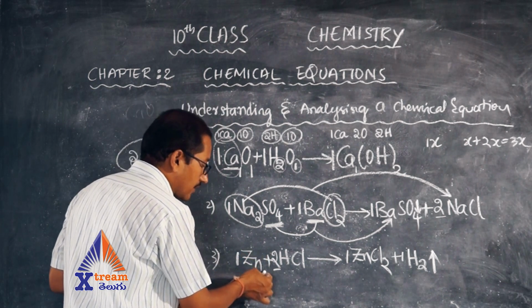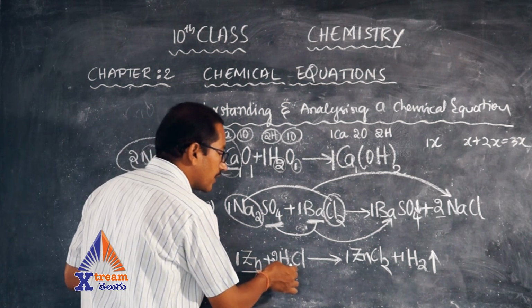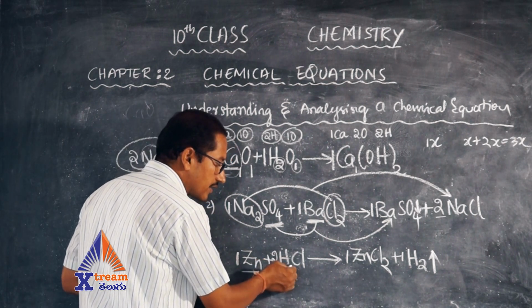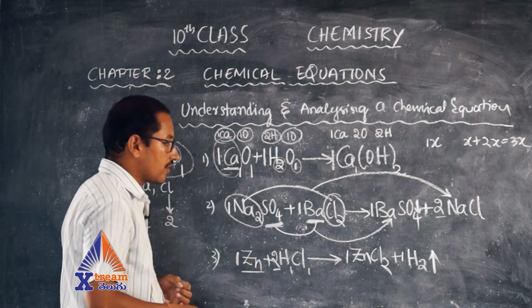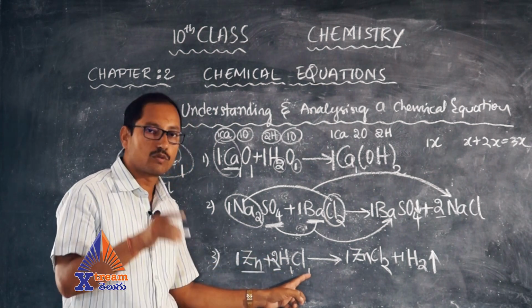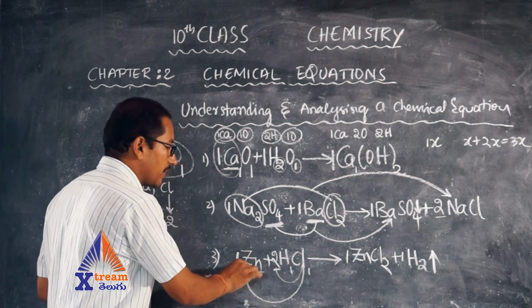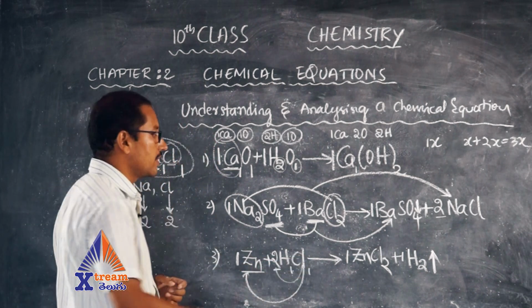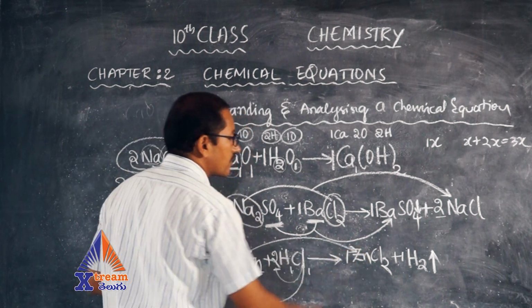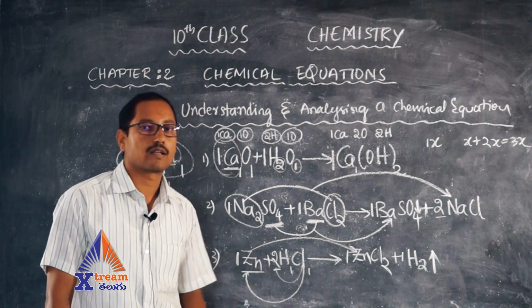Now here Zn is there, 1 Zn is there, here 2 is there in front of HCl, indexes are not there, that means 2 1s are 2 hydrogen atoms, 2 1s are 2 chlorine atoms. These 2 chlorine atoms are coming into contact with 1 zinc atom to give us ZnCl2. 1 zinc and 2 chlorines are there.